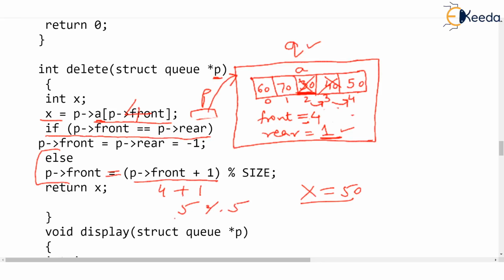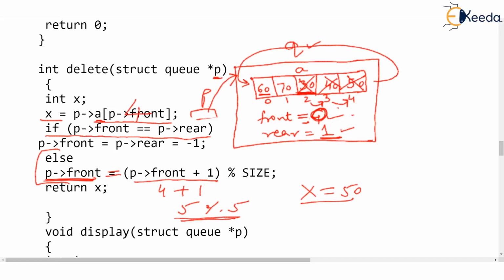Now 5 % 5, the remainder is 0. That means the new value of p arrow front, which was 4, becomes 0. I hope you're understanding. Yes, of course, after deleting 50, front wraps around and says now 60 is the frontmost.